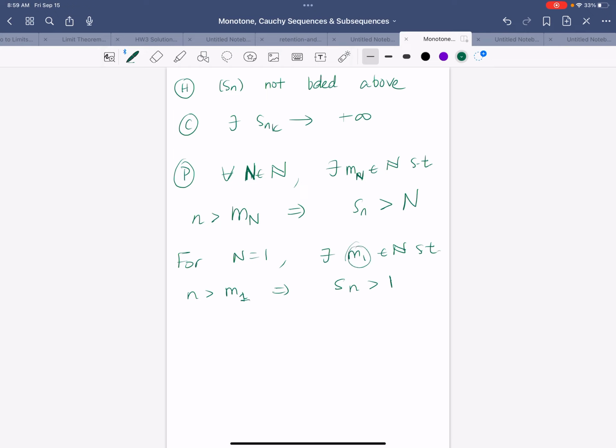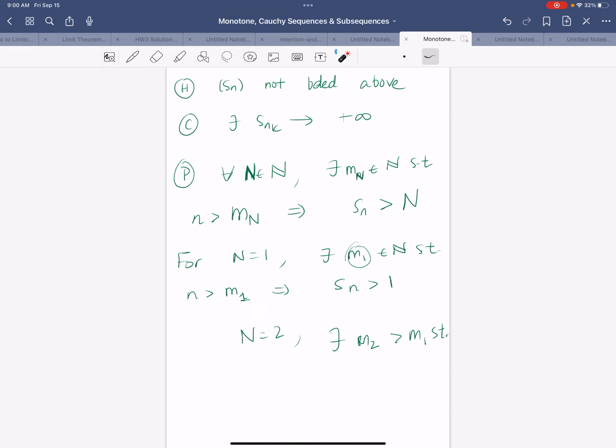Use that m1 for your first term of your subsequence. And then you repeat for n equals 2. Pick a term past this so that your Sn is bigger than 2. So pick a term past m1: there exists m2 greater than m1 such that the same holds.